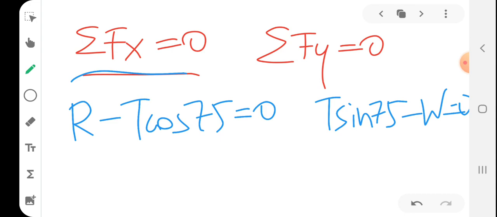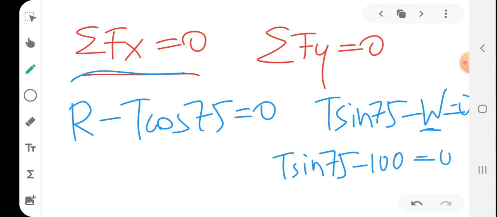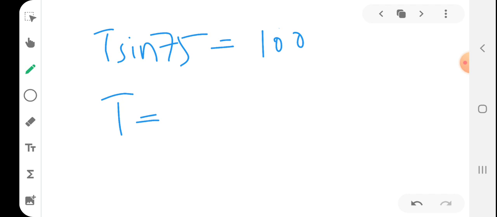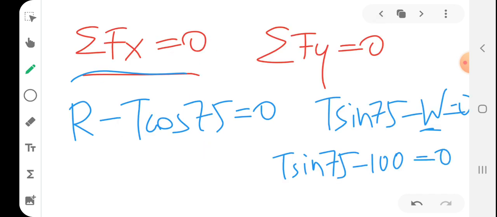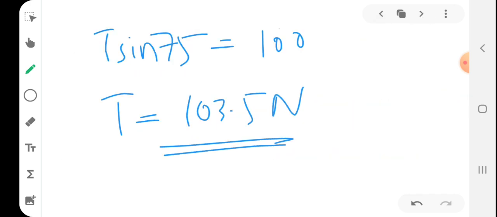So students, initially we know the value of W. So T sin 75 minus 100 is equal to 0, means T sin 75 is equal to W, which is 100. Solving this, you will get T is equal to 103.5 Newton, and substitute this value in the other equation.